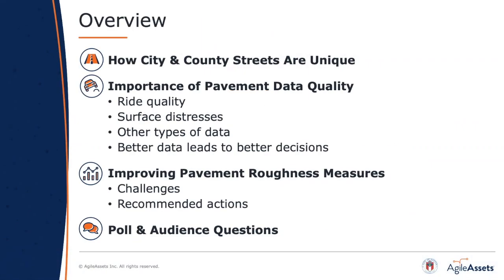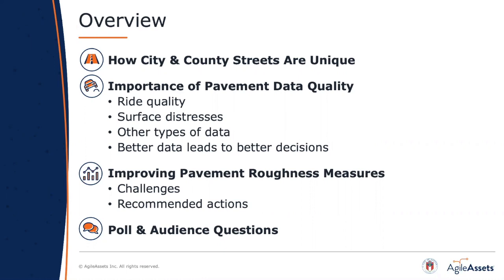We'll start this session with a brief overview of how city and county streets are unique in comparison to larger highway systems. We'll discuss the importance of data quality and the impact of using ride quality and surface distresses as two ways of evaluating the condition of city or county streets. And we'll show how better data leads to better decisions.